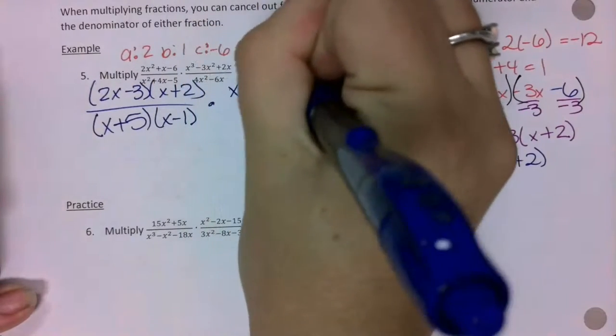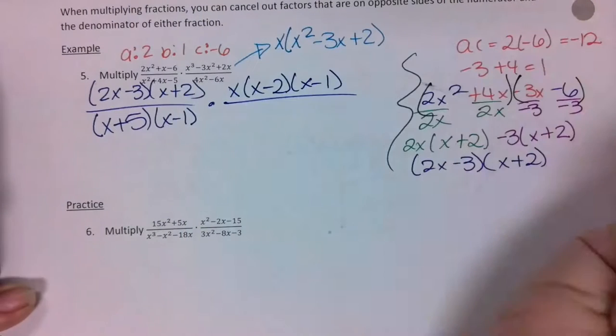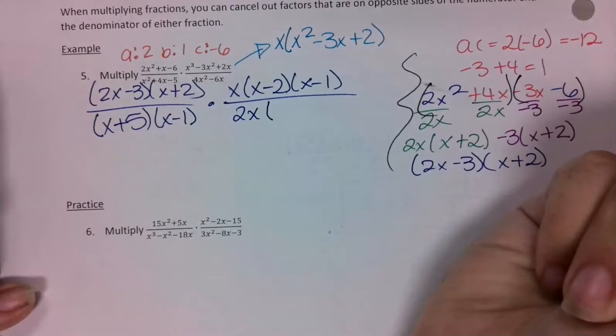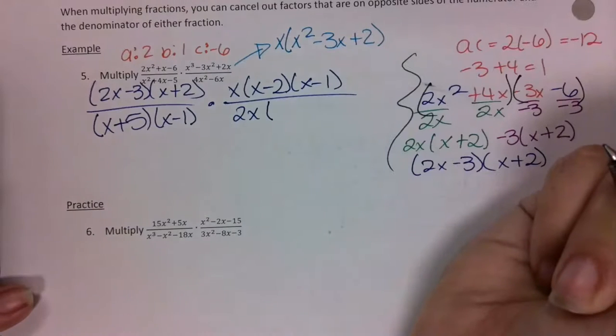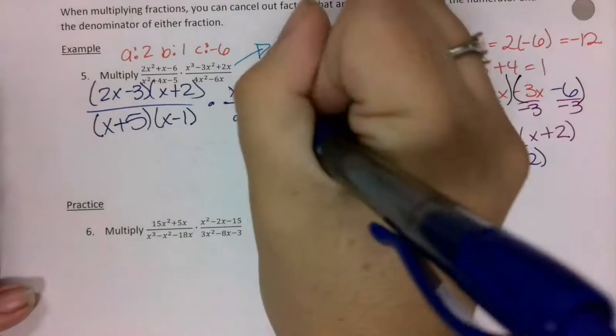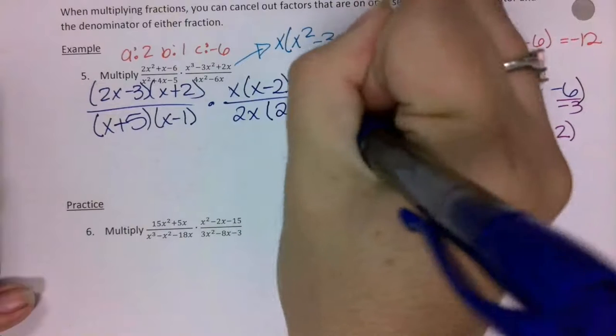Negative 2, negative 1. And then on my denominator, what can I factor out? 2x. I'm left with... what's 4x squared divided by 2x? 2x and then minus 3.